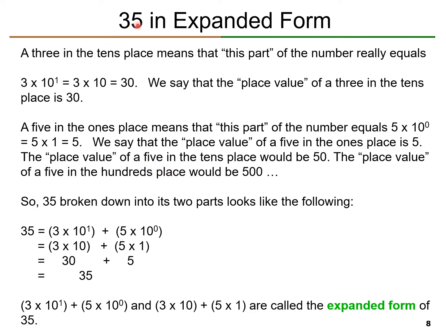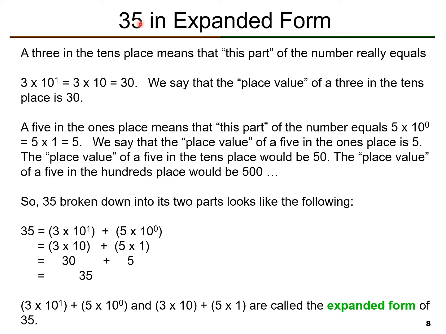So the number 35 broken down into its two components, or into its two parts, looks like the following. 3 times 10 to the power 1 takes care of the 3's worth, and 5 times 10 to the power 0 takes care of the 5's worth.